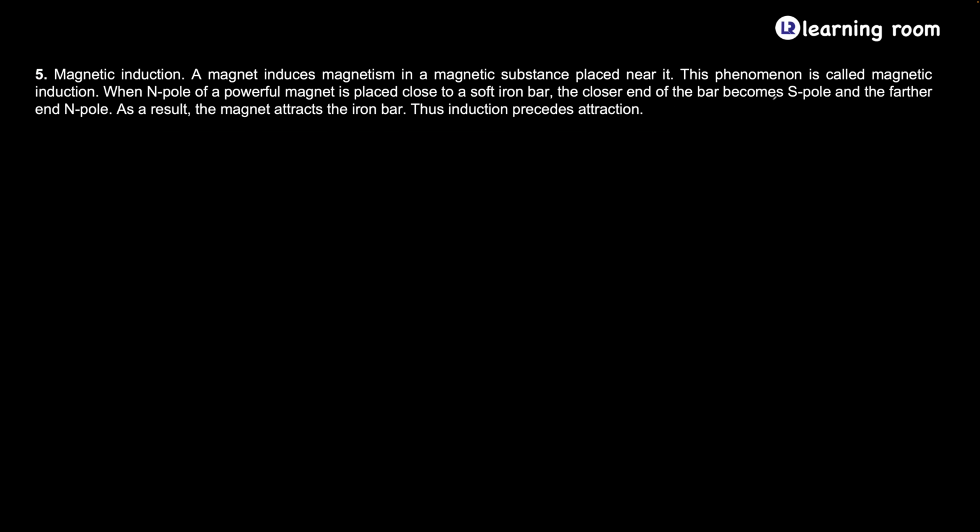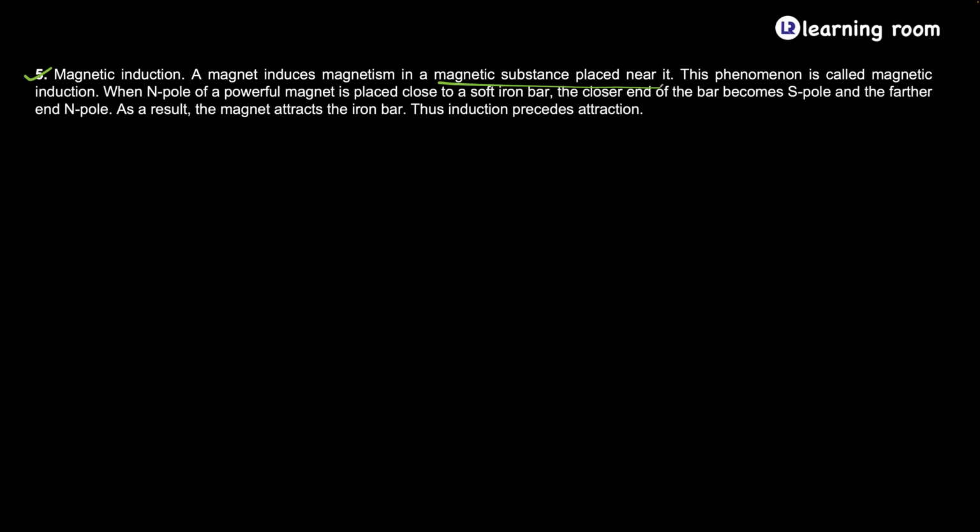Make sense? So this is also a simple property. And the last important property, this I've also shown to you. Magnetic induction. A magnet induces magnetism in a magnetic substance placed near it.